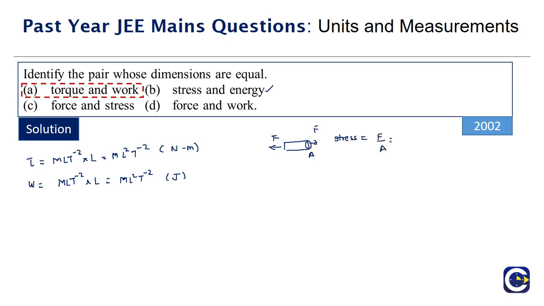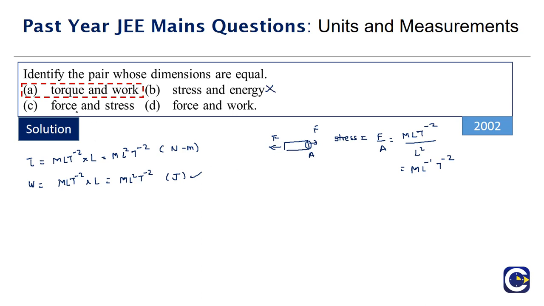So it will be MLT^-2, the force dimension, divided by L^2, so ML^-1T^-2. That will be the dimensions of stress. And we can see energy and work will have the same dimensions, which means the dimensions of energy will be ML^2T^-2, so these two will not have the same dimension.